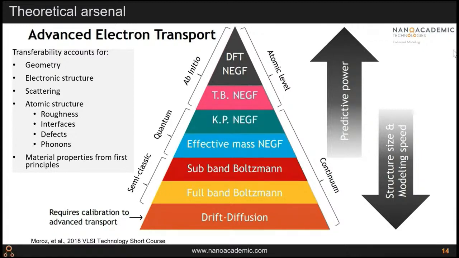There are also more and more scattering effects you can account for. In the atomic structure, there are all sorts of mechanisms modifying the transmission and current going through these devices, so surface roughness, interfaces, defects, phonons, and all sorts of other material properties.